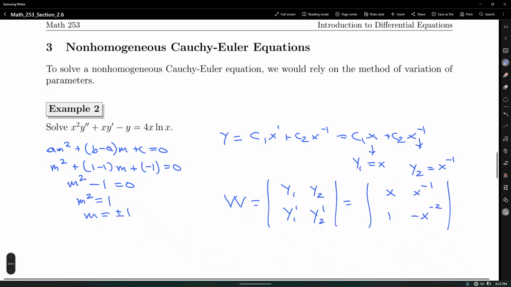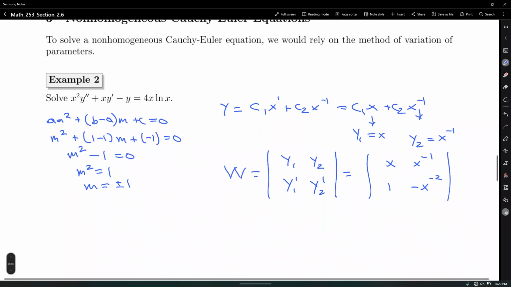Now compute the Wronskian by evaluating the determinant: x times negative x to the negative 2, minus 1 times x to the negative 1.